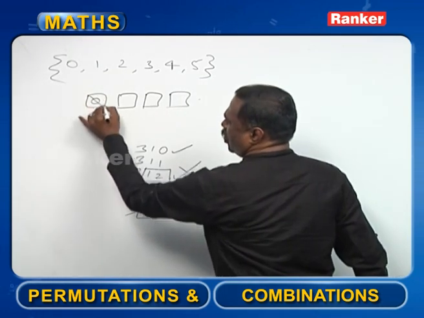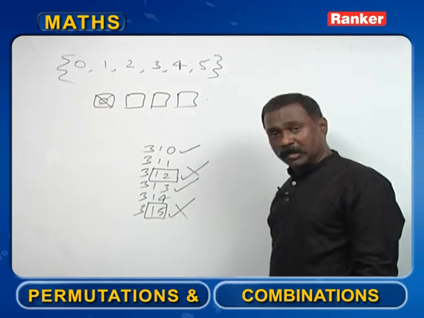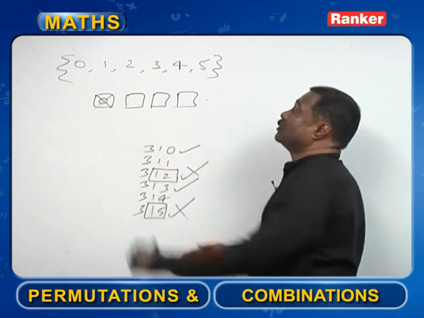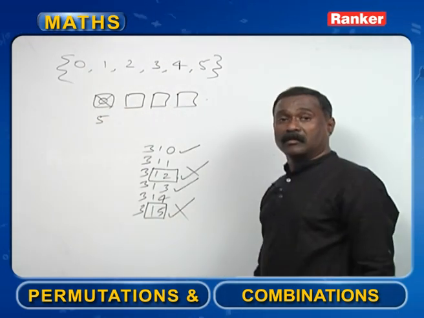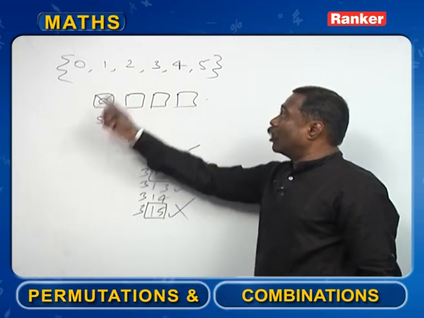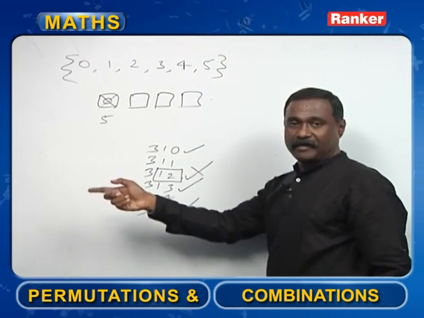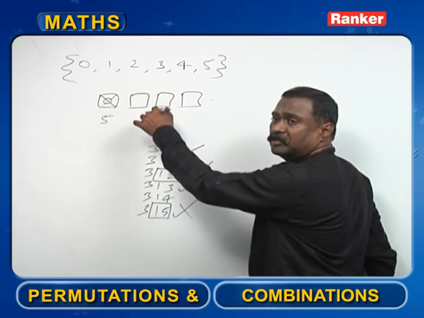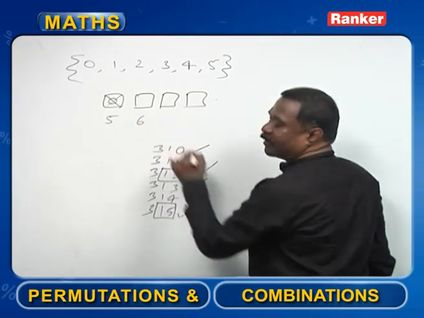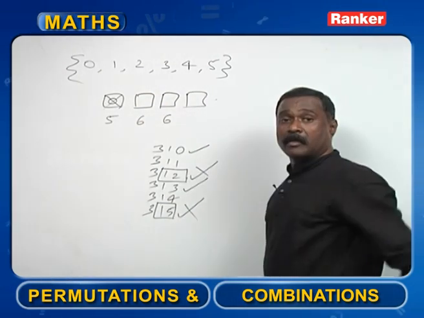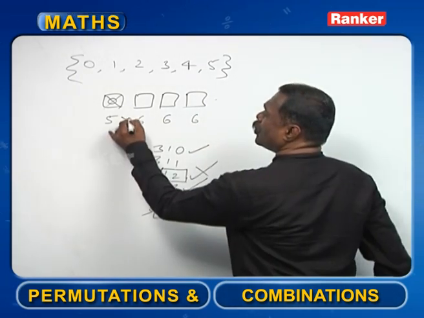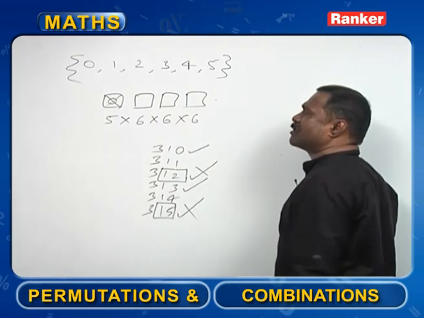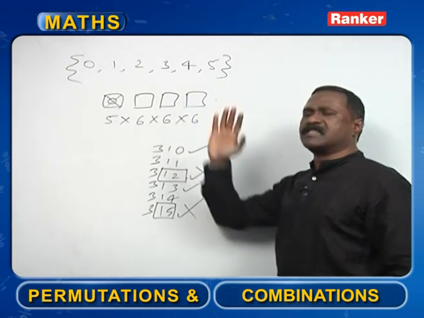The first blank place should not be filled with 0, because then it would not be a 4-digit number. That is why I can fill it in 5 different ways: 1 or 2 or 3 or 4 or 5. And 0 is allowed here, so you will have 6 here, 6 here, and 6 also here. That means this many 4-digit numbers can be formed using these digits.